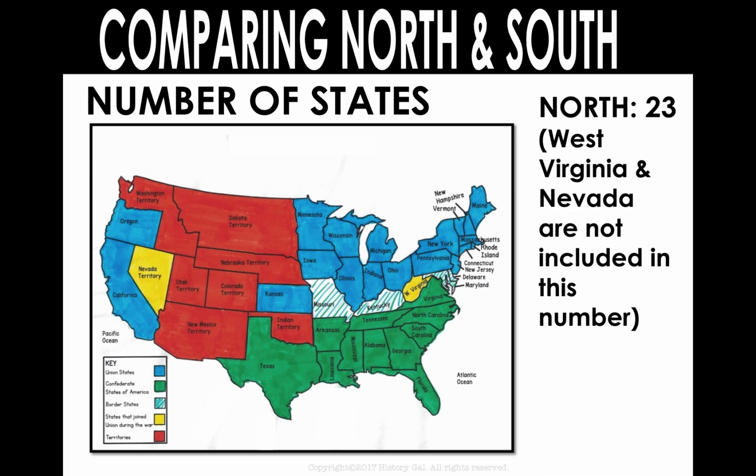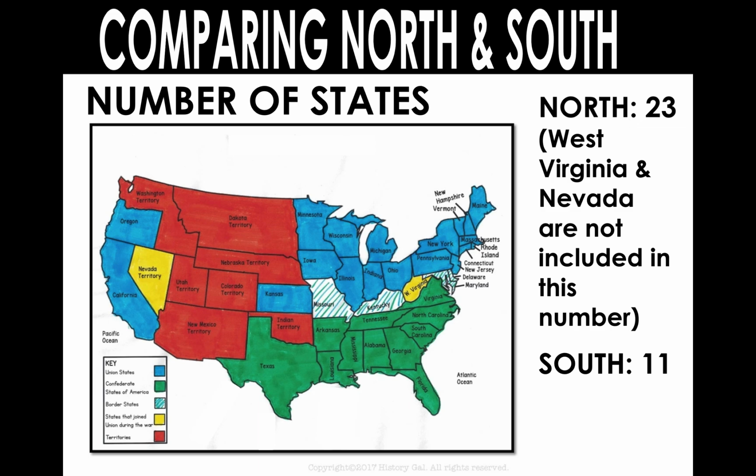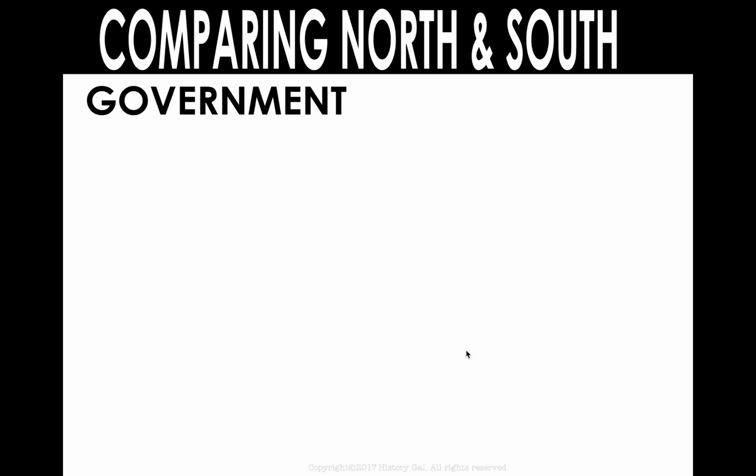So the North had 23 states, and West Virginia and Nevada are not included in this number, as they were not two of the original Union states. So originally there were 23 Union states, as opposed to the South, which only had 11 states. There were only 11 Confederate states.